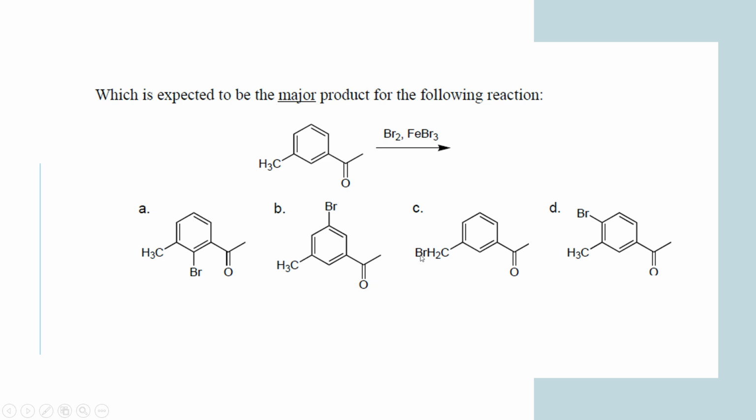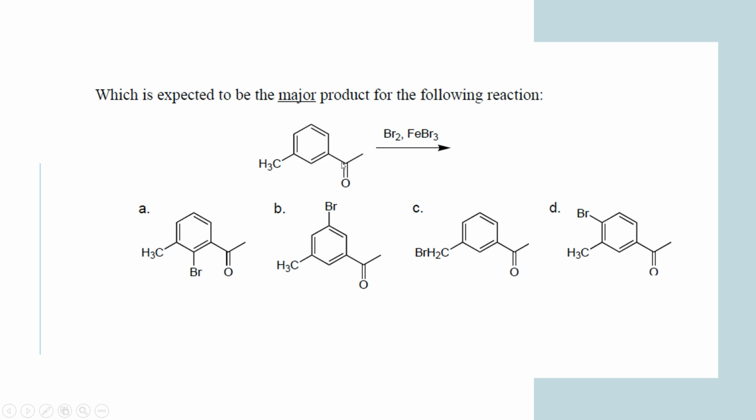And in option C, you are seeing that the ring is not undergoing electrophilic aromatic substitution, but it is giving bromination in the methyl.